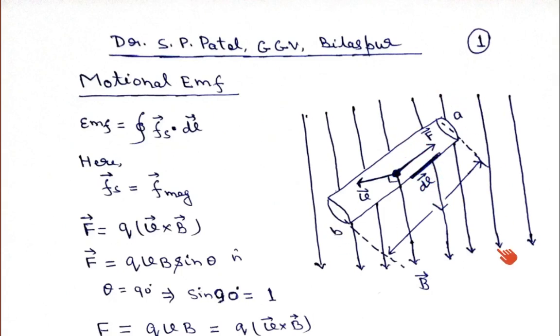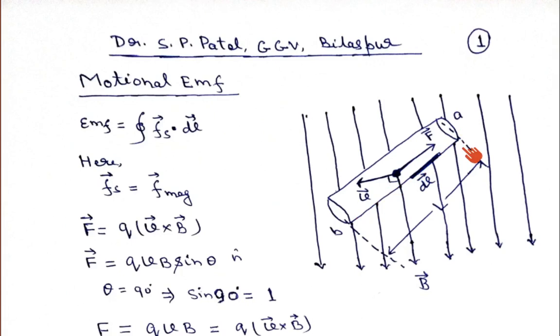So let us say we have a wire, and this wire is moving in this direction, and the magnetic field is in this direction. Let us say the length of the wire is along this direction.